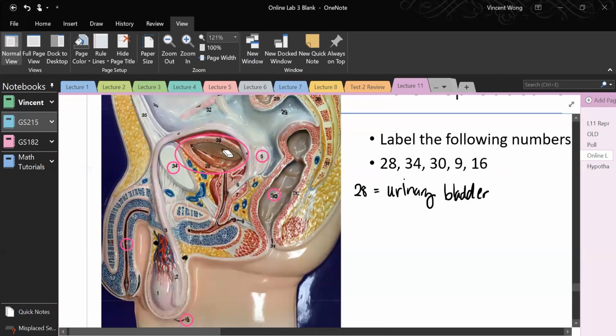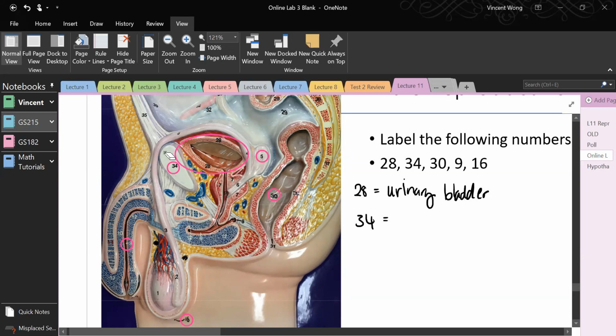So that's cause for concern. You have to check your prostate. For men who are over 40 or 45, doctors would usually routinely check the prostate with a rectal examination. The finger goes up here and then they'll feel the prostate to see if it's enlarged. Not a pleasant experience, I can imagine.